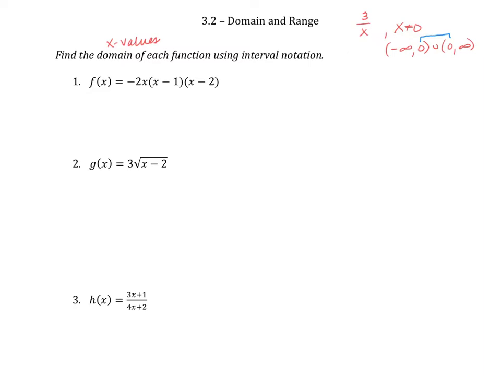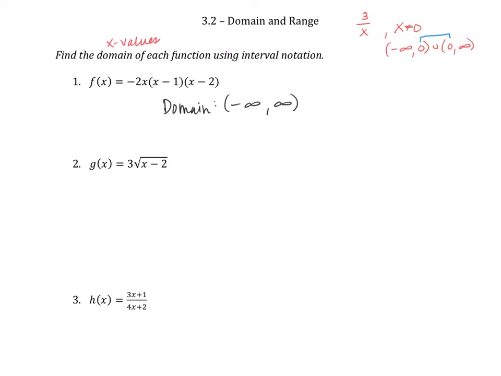Those are our restrictions. If we don't have a radical or a fraction, that means we will not have any restrictions. So in the case of number one, we don't have a radical and we don't have a fraction, so our domain is all real numbers. To indicate that using interval notation, we say that it's between negative infinity and infinity.